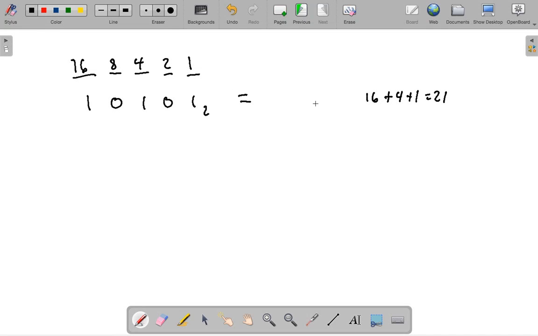So that would be 21 base 10. 1, 0, 1, 0 base 2 equals 8 plus 2. That's 10 base 10. Notice 10 base 2 is equal to 2.